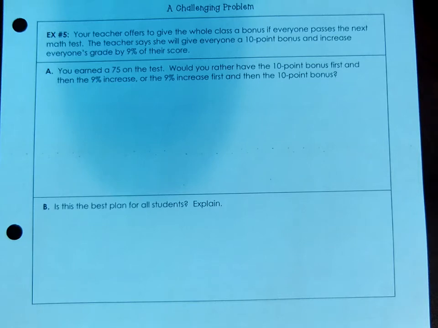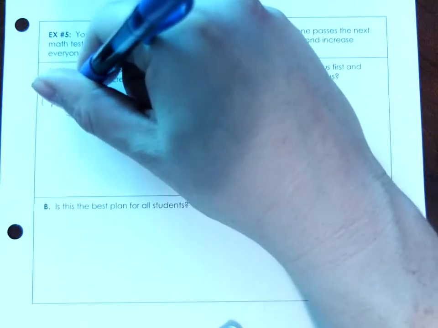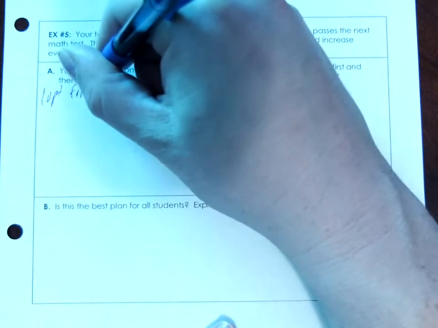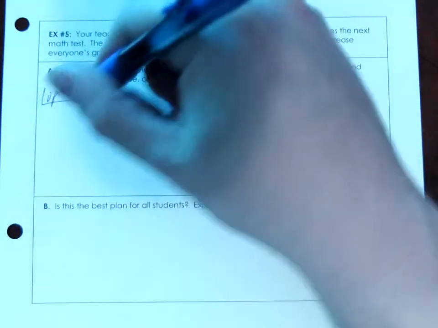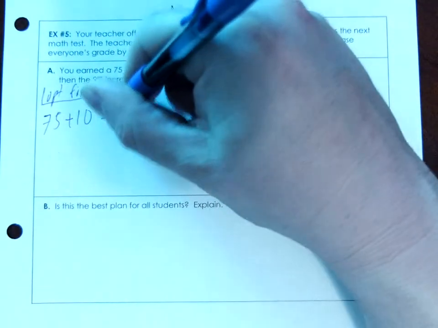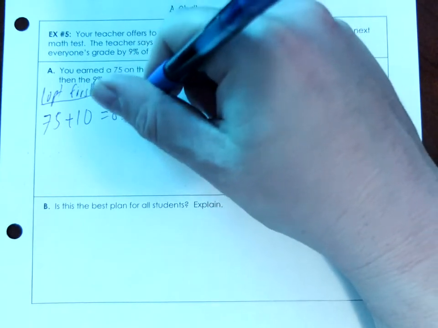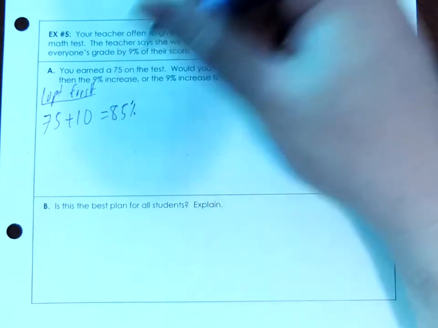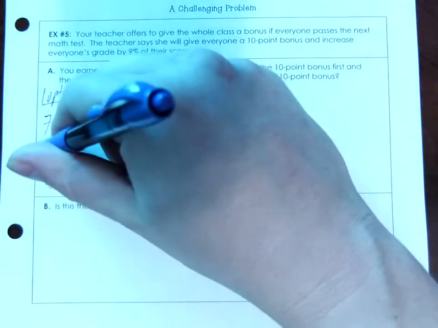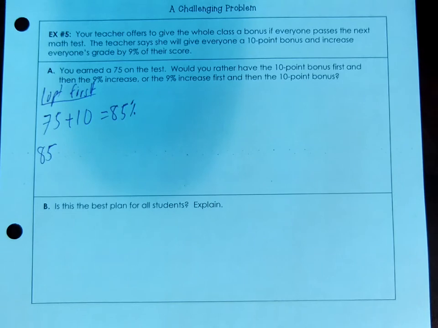Well, let's find that out. So let's do 10 points first. If I do 10 points first, I'm going to add 75 plus 10. That's going to be an 85. And then we're going to take 9% of that. So 85. How would we add 9% to our score? How would we add a 9% increase?